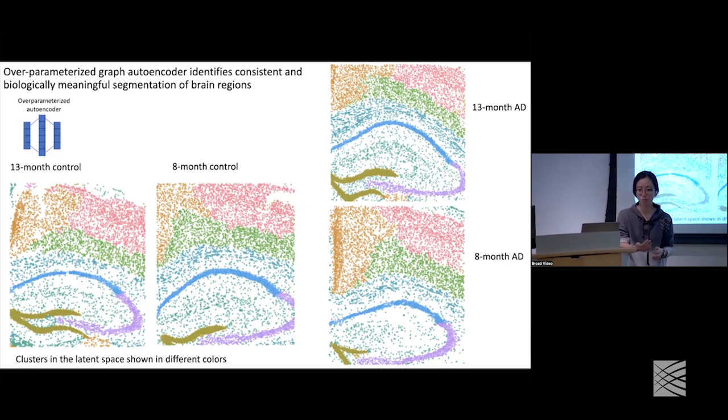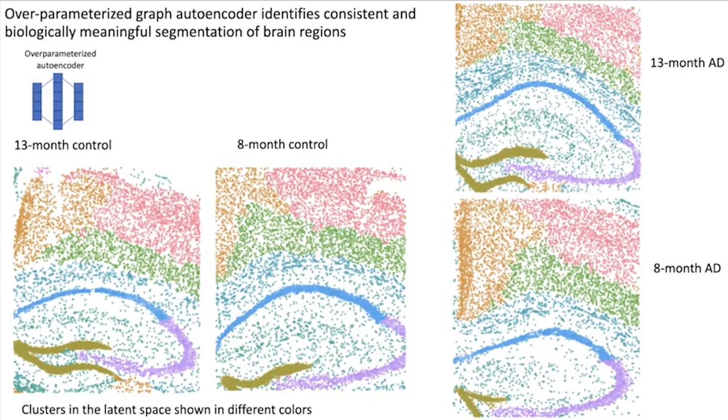We also tried going to 7,000 and 8,000, and they are very similar to each other. So once you're over-parameterized enough, you can keep going higher or stay there. The exact choice of the parameter no longer makes a difference, which is also good because we don't want too much hyperparameter tuning.